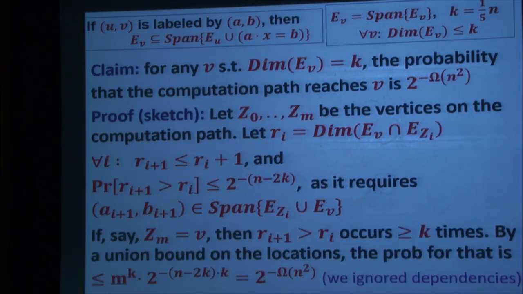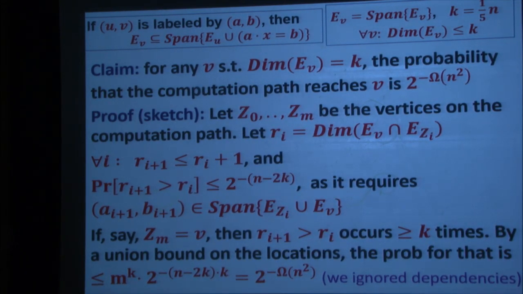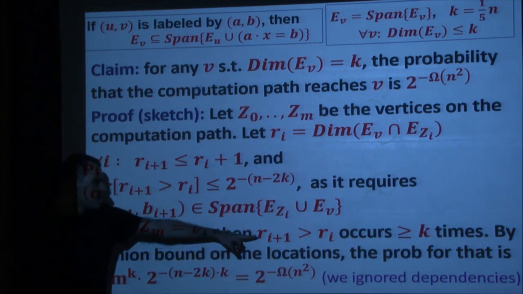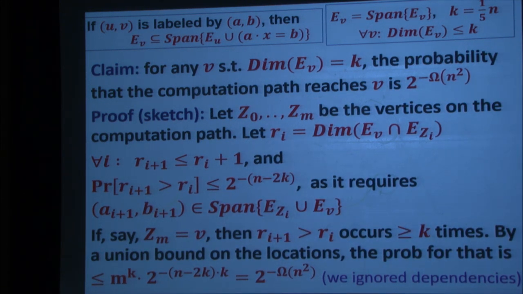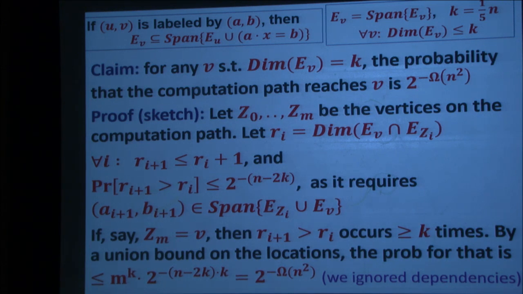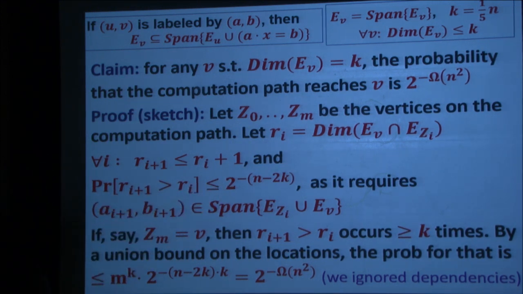And now what we do: suppose that Zm, the last place on the path, is V. Then Ri plus 1 larger than Ri must occur k times along the computation path. And for each time, the probability for this to occur was 2 to the minus n minus 2k.